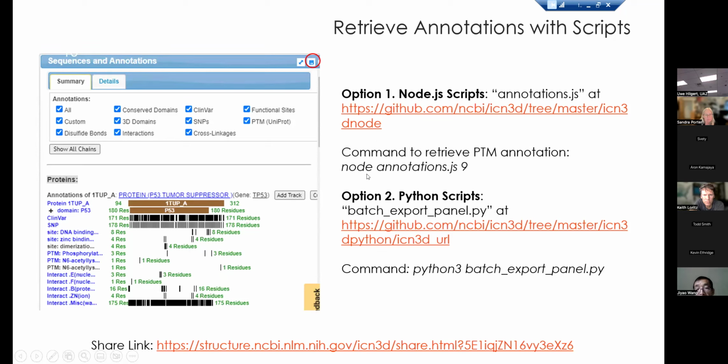So you can get the annotations with a Node.js script. You can also use a Python script, I think it's this batch export panel.py. This example script will export the annotations. Basically, it's similar to your web UI. We'll export all these annotations.